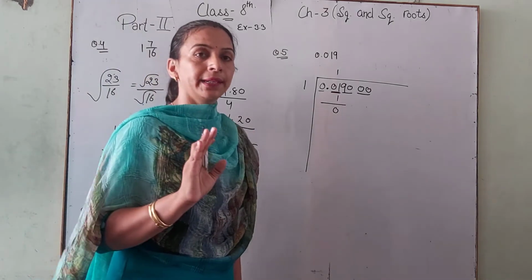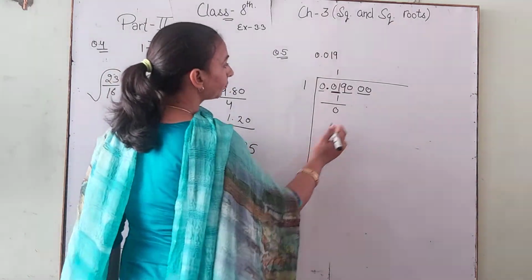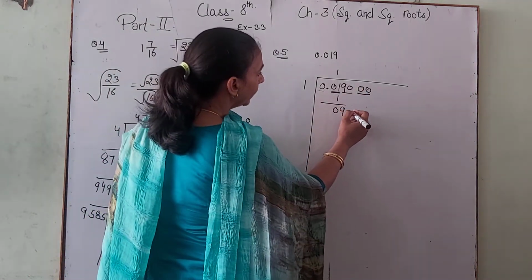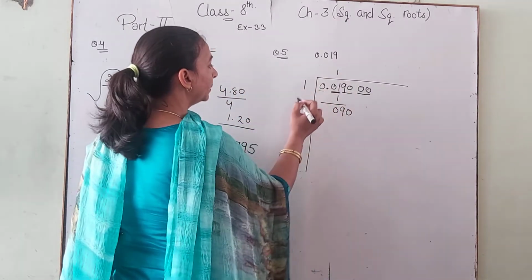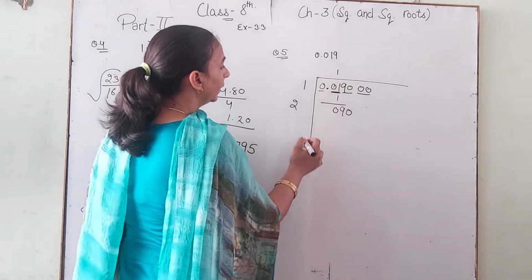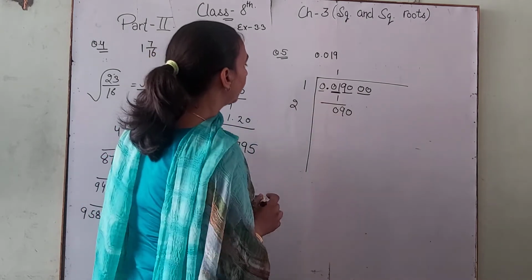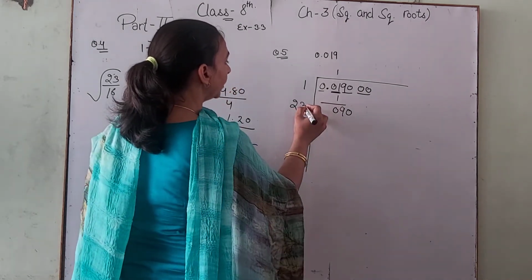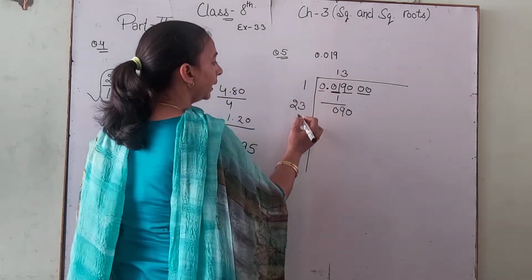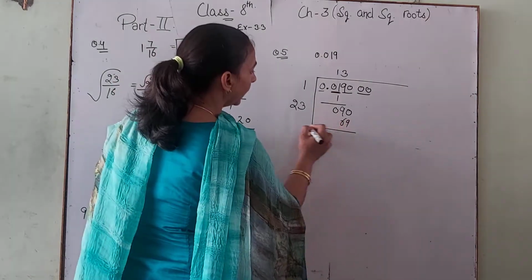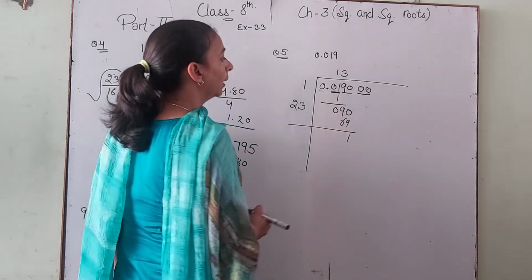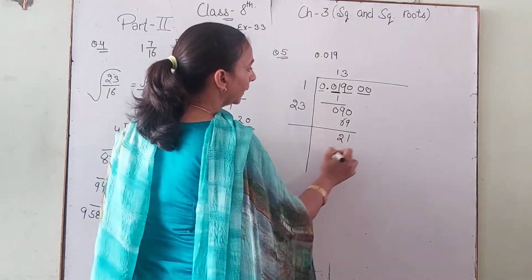For some time we forget the point. Now we take the next pair, double of this, then 2. Then if we multiply 4, 24, 4 times is greater than 3. 69, then 10 minus 9, 1, 8 minus 6 and 2.